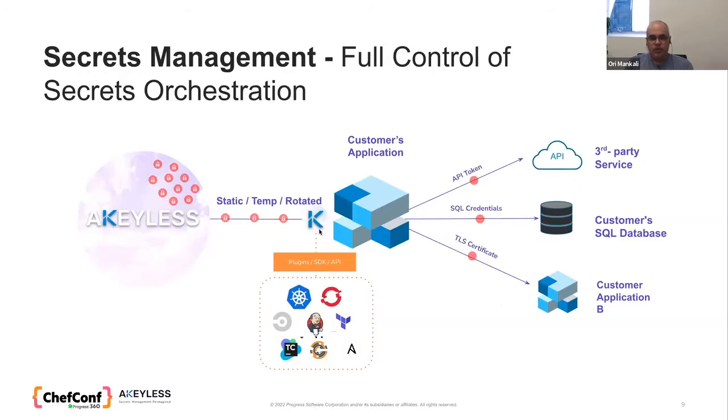So what we see here is basically an integration. It can be an SDK or a RESTful API or a CLI or plugin, it doesn't matter, but some kind of interface that allows this application, based on trusted identity, to be authenticated and authorized to the centralized secrets management platform in order to retrieve an encrypted secret, either a static secret, a temporary or just-in-time secret, or a rotated secret.